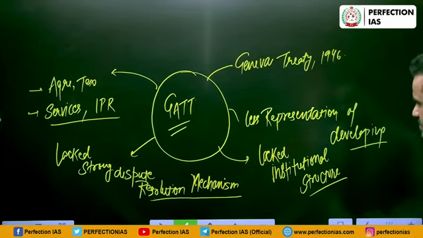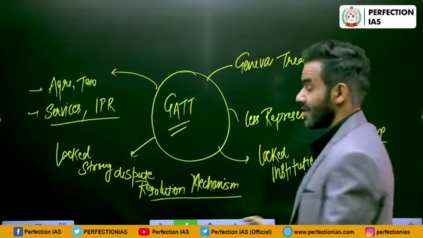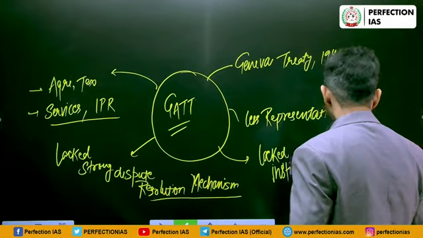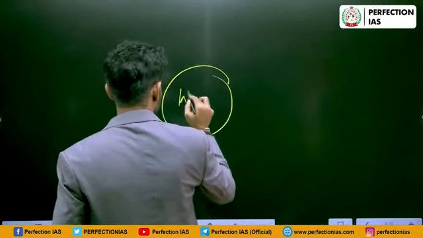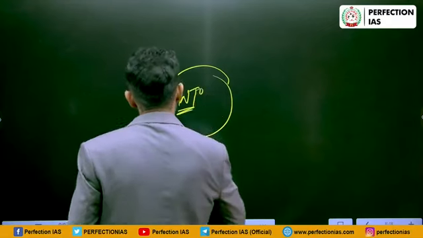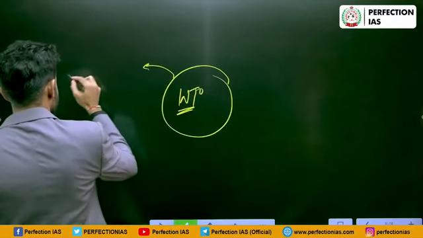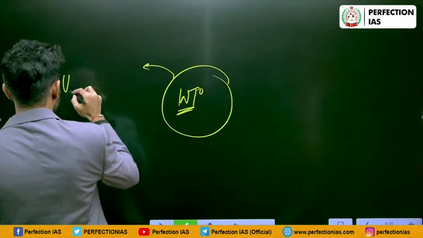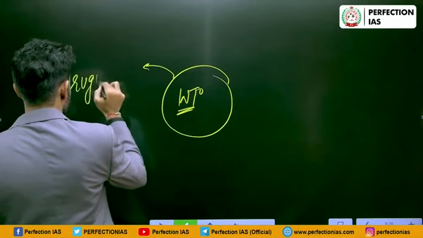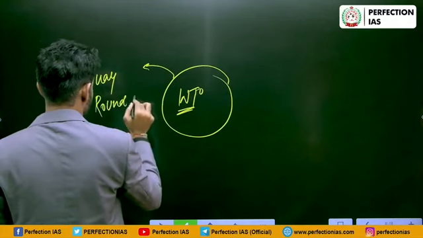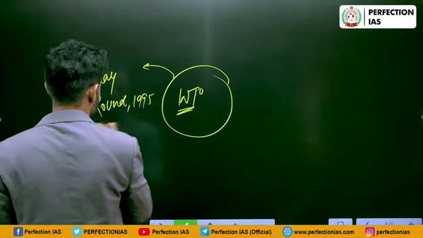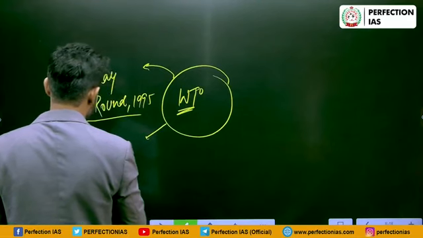Because of these problems, a new agreement was negotiated, and that led to formation of WTO, World Trade Organization. First thing first, it was negotiated after the Uruguay round of 1995. Again, it had wider representation.